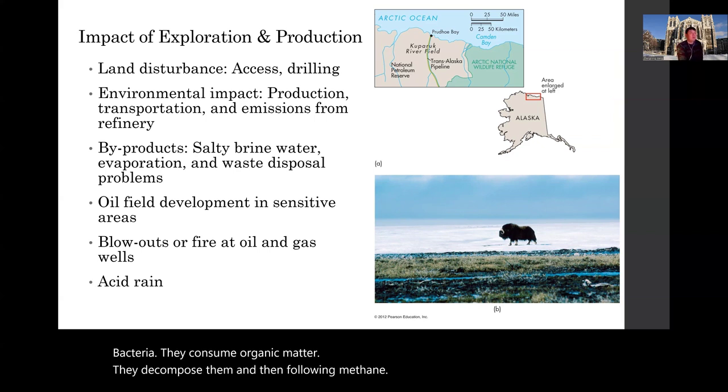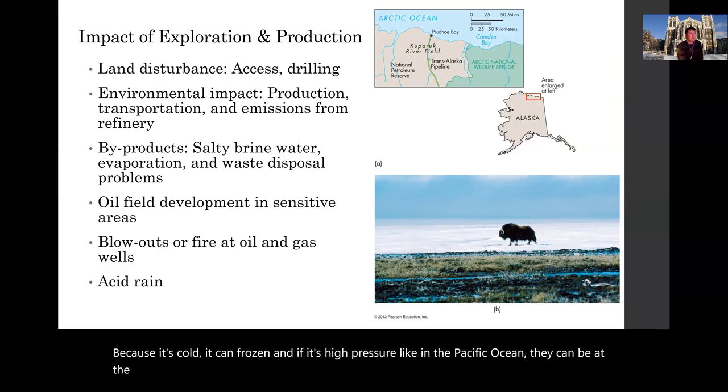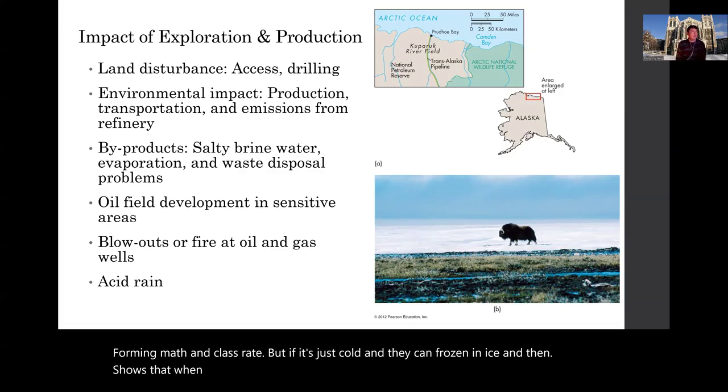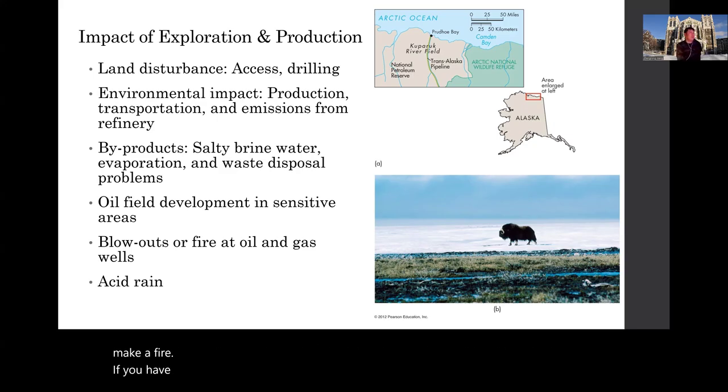Then because it's cold, it can freeze, and if it's high pressure, like in the Pacific Ocean, it can be at the bottom of the ocean floor, forming methane hydrate. But if it's just cold, it can freeze in ice, and when you drill a hole, the gas comes out, and you can light it up and make a fire.